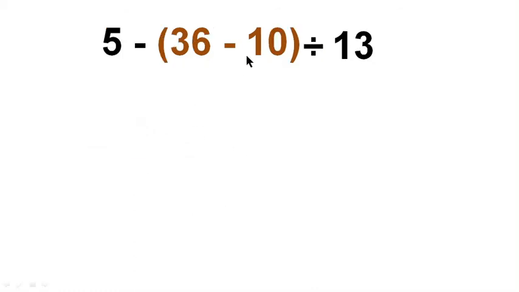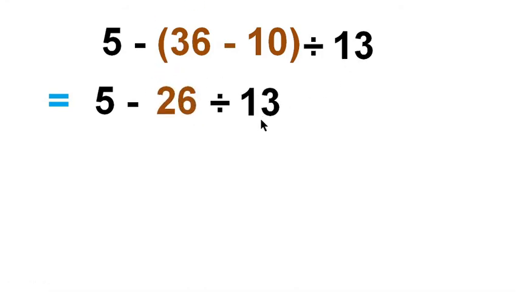In this simplification, we must subtract here. If we subtract 10 from 36, our answer will be 26, and divide by 13 will be written here. In both minus and division, we must divide here at first.